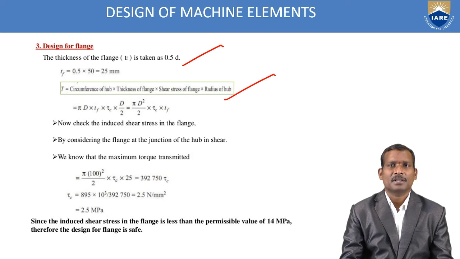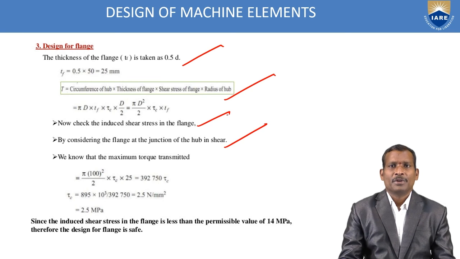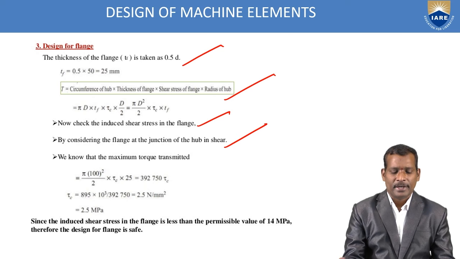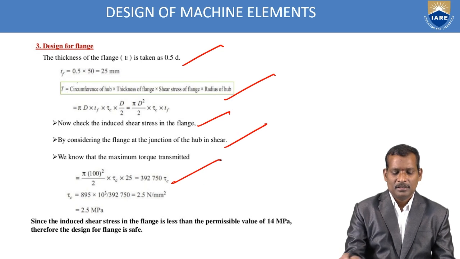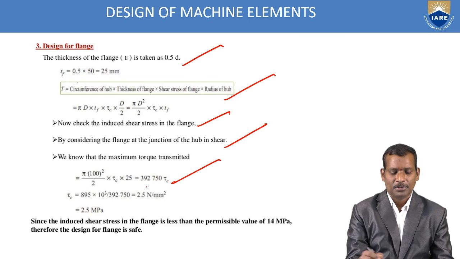Now check the induced shear stress in the flange. By considering the flange at the junction of the hub in shear, we know that the maximum torque transmitted T is equal to π into 100 squared by 2 into τc into 25.